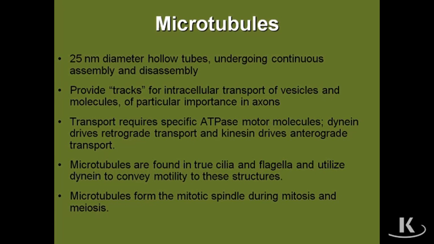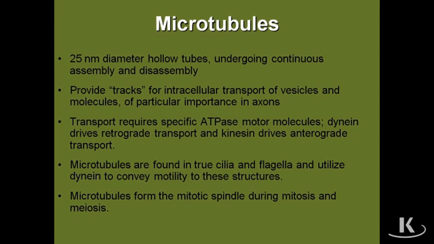They are the largest of the cytoskeletal elements, and like microfilaments, they are undergoing continuous assembly and disassembly because one of their functions is intercellular transport of vesicles and molecules, and they're particularly important in the nervous system because they are the subcellular organelle that's used in axonal transport in both the anterograde and the retrograde direction.